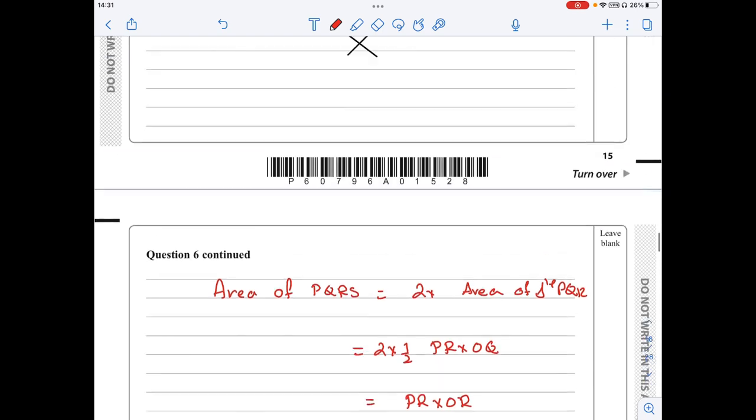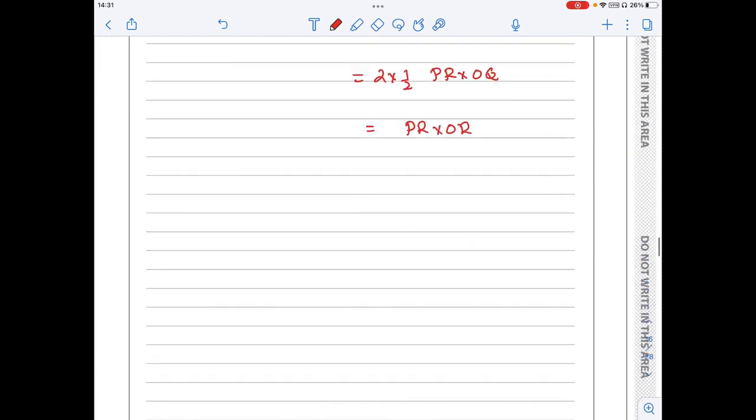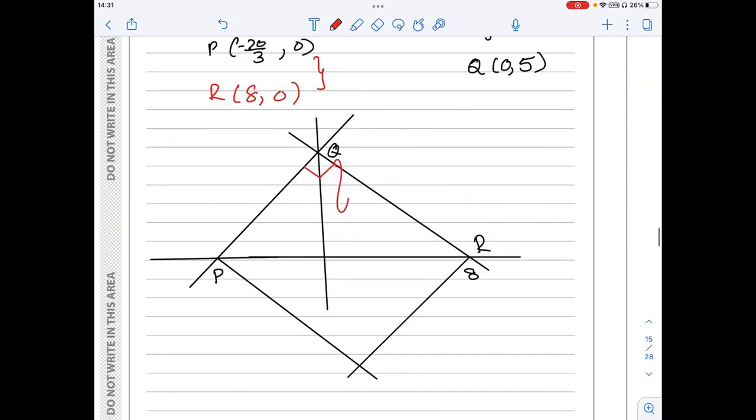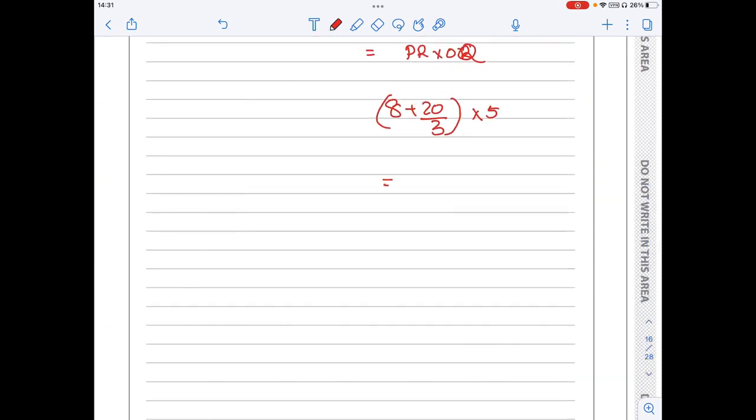P is (minus 20 upon 3, 0) and R is (8, 0). So the distance between them is 8 plus 20 upon 3, and OQ is the height, which is 5. So that becomes 220 by 3. That is the area of PQRS.